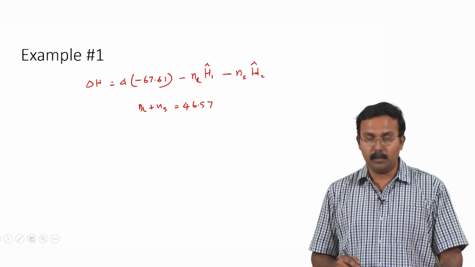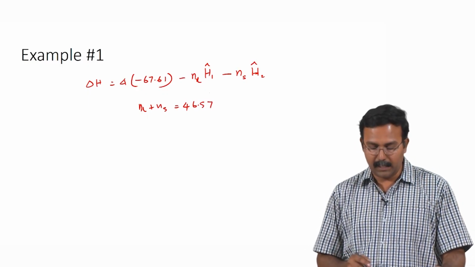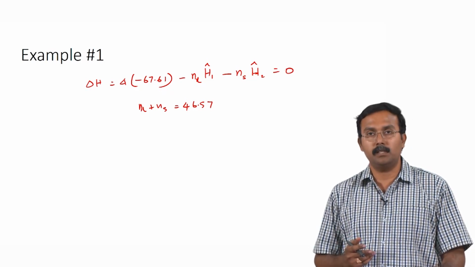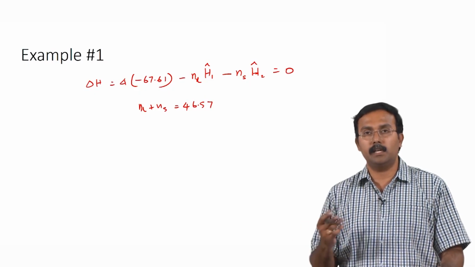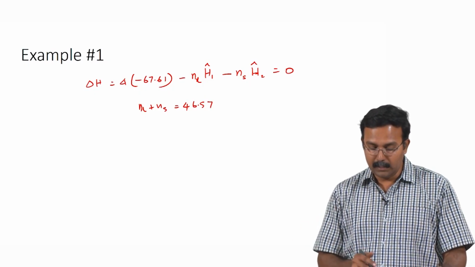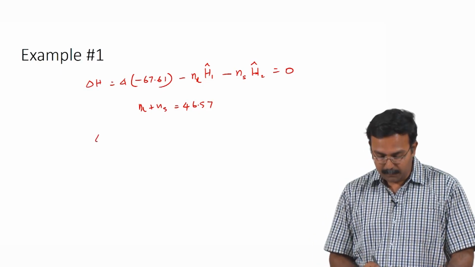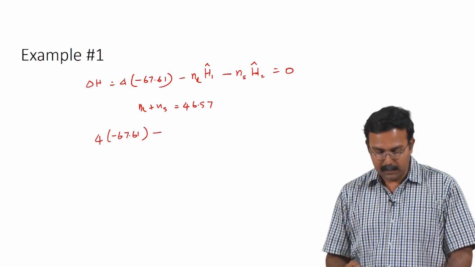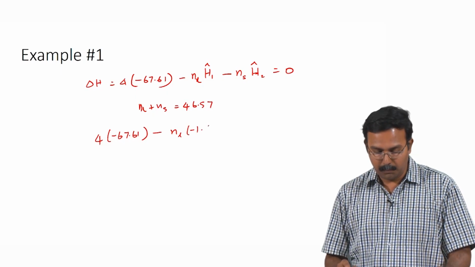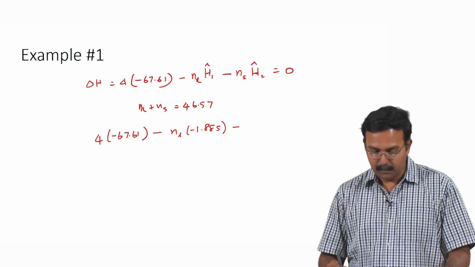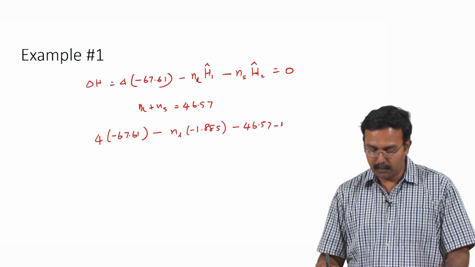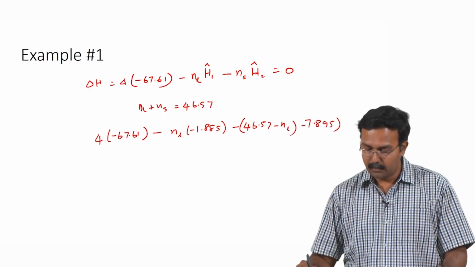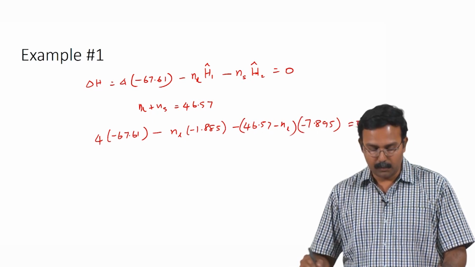So, now this can be substituted back into the equation we have for delta H, and we know that delta H equals 0 because Q is 0 for this process and there is no change in kinetic energy, potential energy or shaft work. So, using this equation we would end up having 4 times minus 67.61 minus NL times minus 1.885 minus 46.57 minus NL times minus 7.895 equals 0.